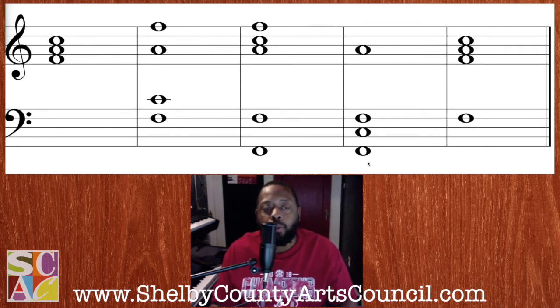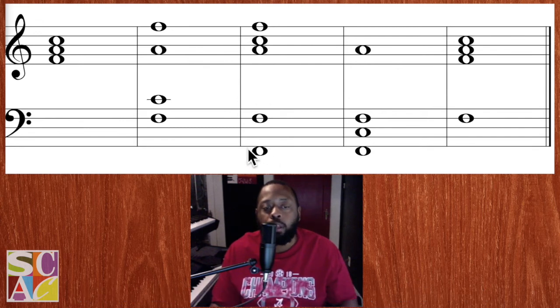So it doesn't matter how you voice it, as long as you're using F, A, and C, or whatever chord you're using. But in this example, we're in F. As long as you're still using the notes of F, A, and C, and also that the F is on the bottom, as you can see here, then it's still considered an F major chord in root position. So let's listen to these examples to see how they are voiced.